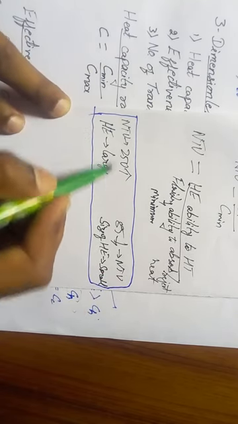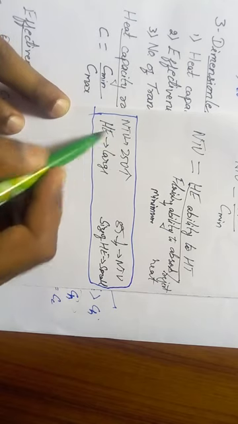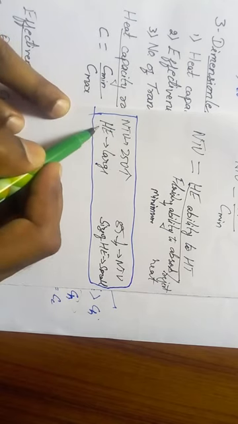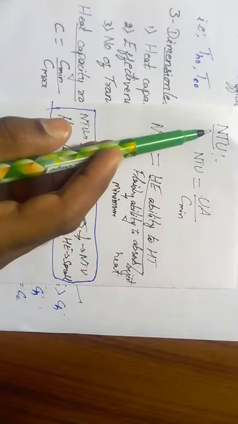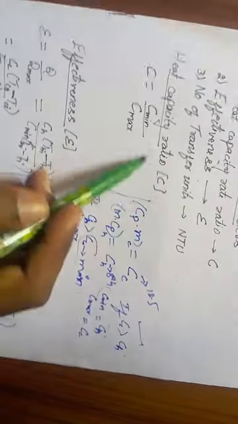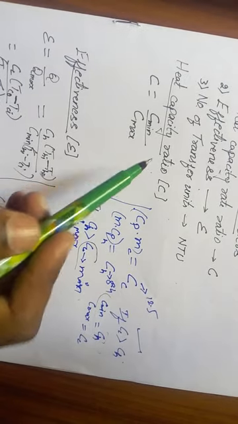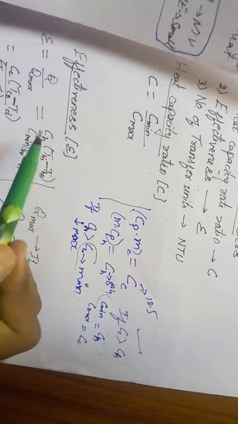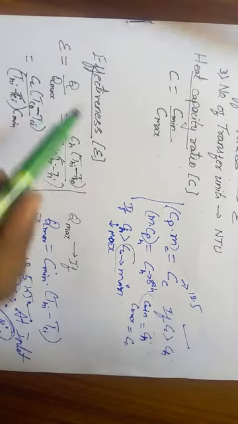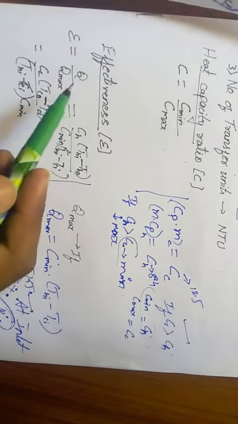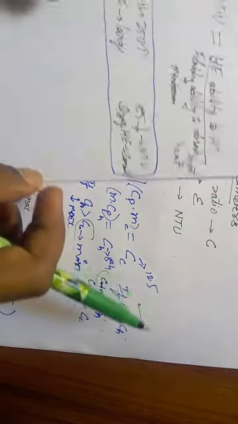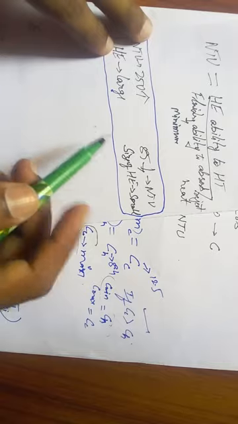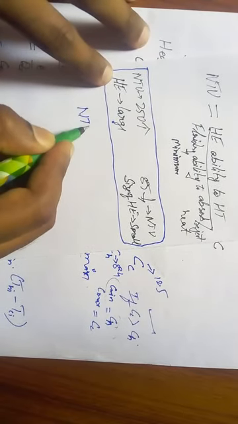Higher the NTU, larger the size of the heat exchanger. This is its physical significance. And the significance of the other is the ratio C min by C max, which will be used in further derivations of NTU. Effectiveness is the ratio Q by Q max. You should know all these three parameters for the derivation of the NTU method.